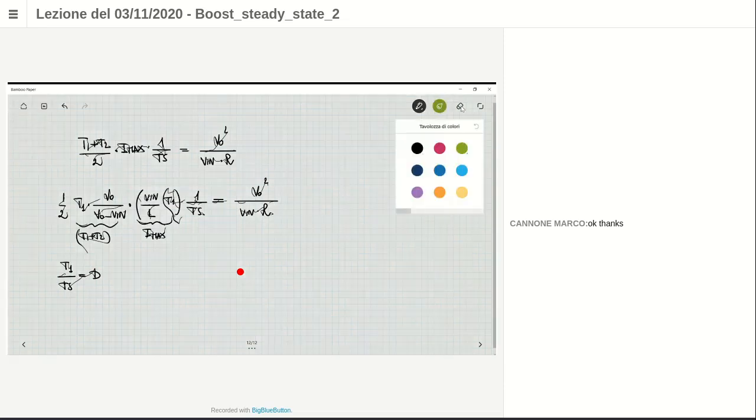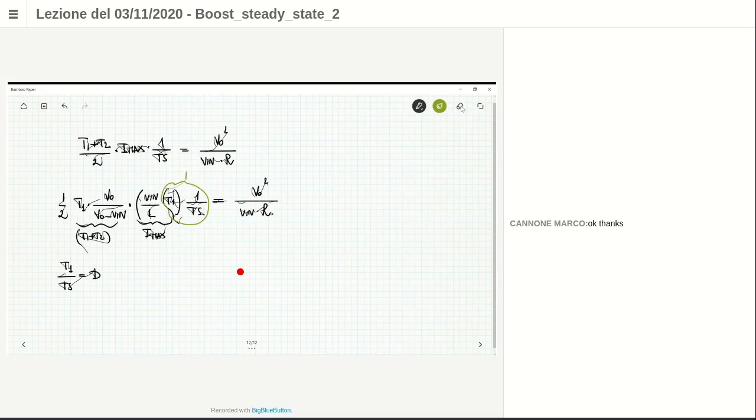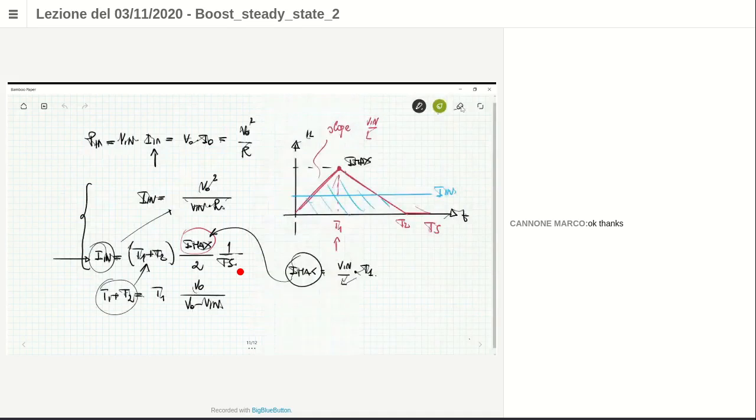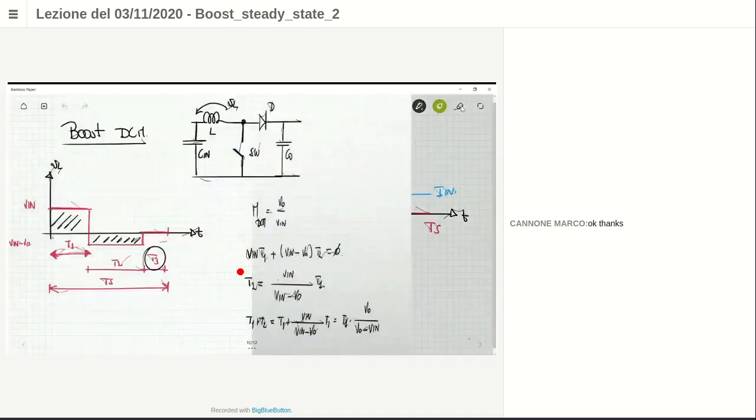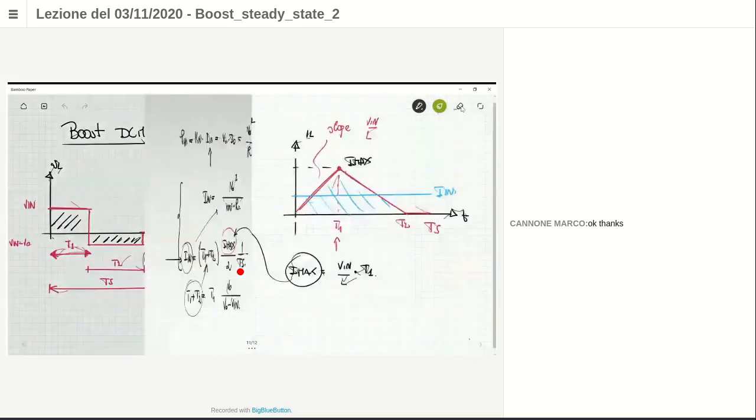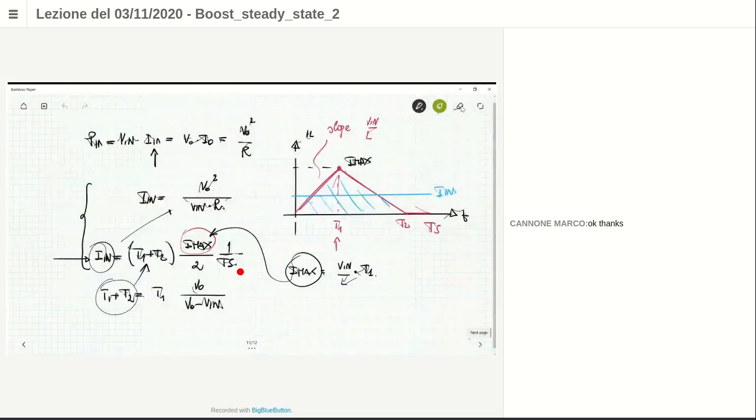So this, let me change the color. This is the duty cycle. Sorry, T1 plus T2 is exactly. I change.